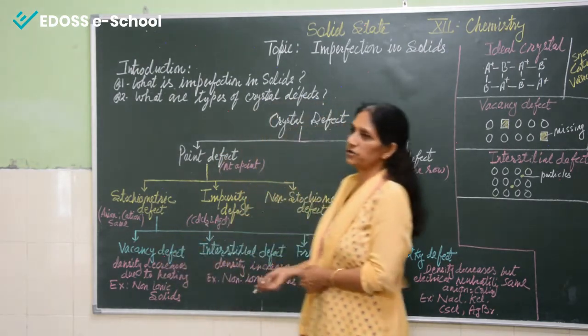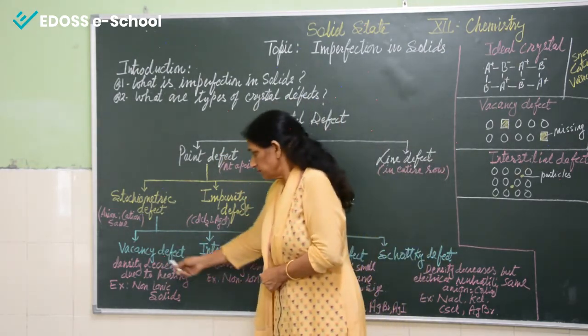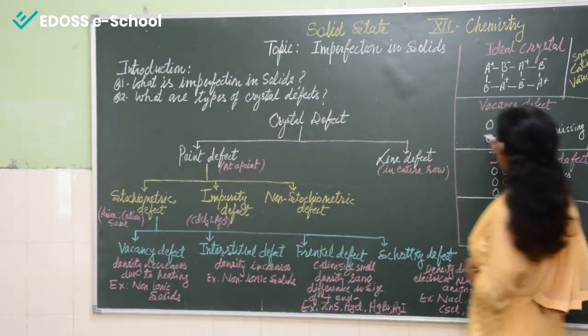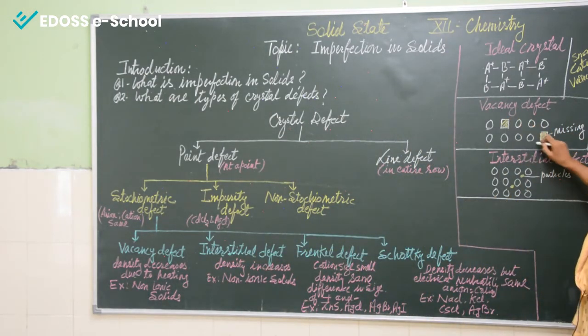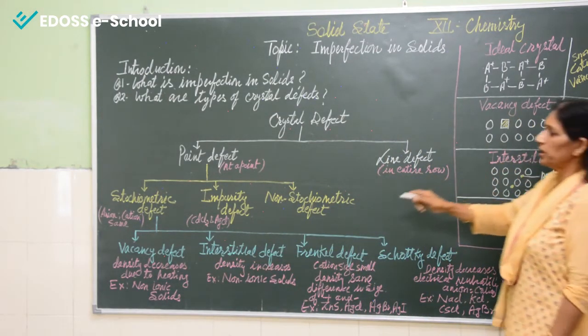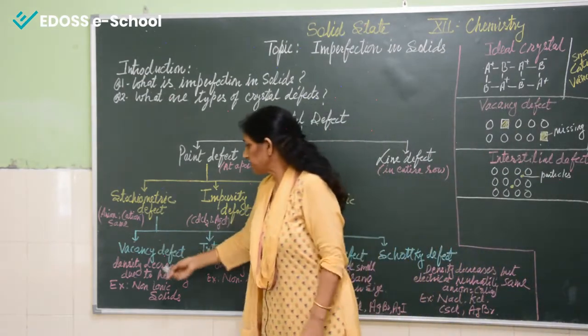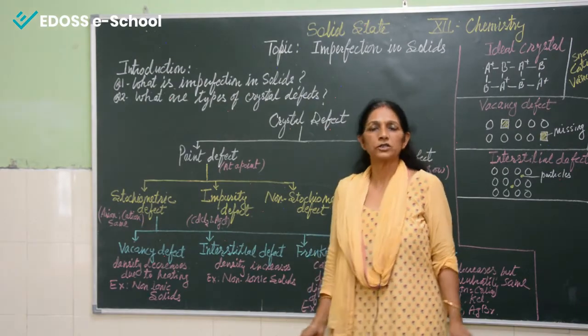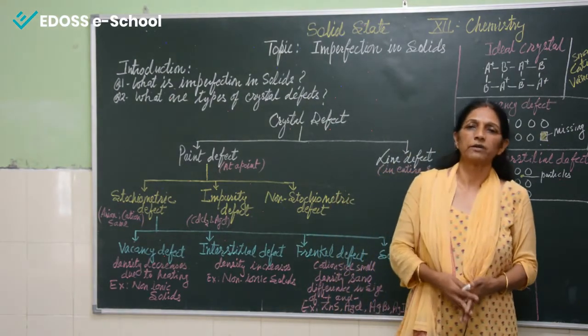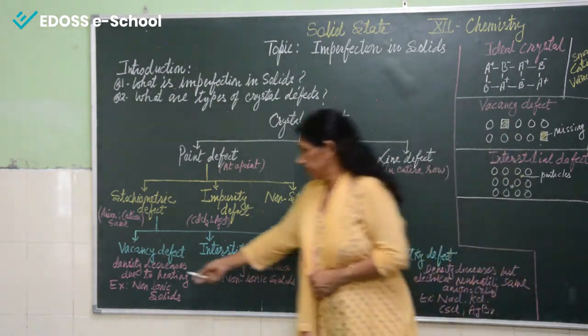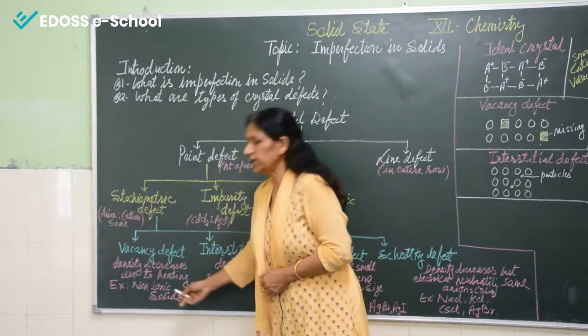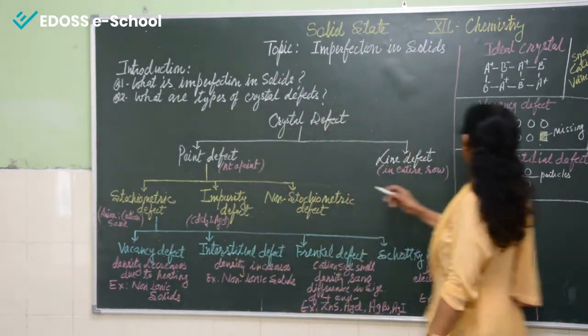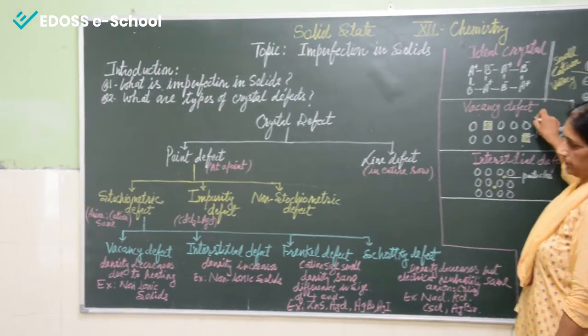Sometimes we heat the crystal and the heating causes anions or cations to go missing from their place. An example of vacancy defect is non-ionic solids, all the solids which cannot be converted into ionic forms. They show this vacancy defect.